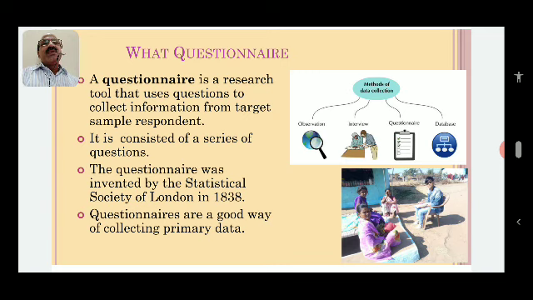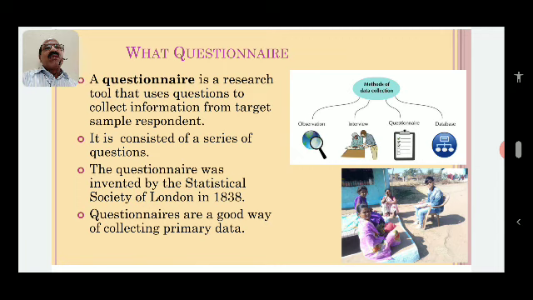It consists of a series of questions. So everything is in the question form. You may ask a question and fill the questionnaire with that appropriate information. Questionnaire was invented by the Statistical Society of London way back in 1838. Still we are using it. We have improvised it in many ways.